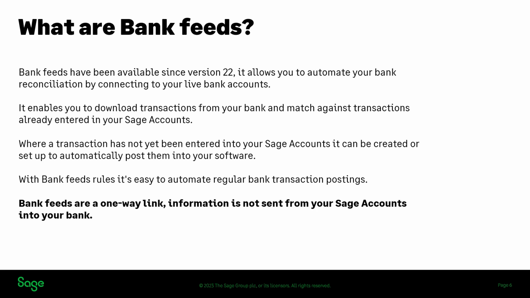It enables you to download transactions from your bank and match them against transactions already entered into your Sage accounts. Where a transaction has not yet been entered into your Sage accounts, it can be created or set up to automatically post into your software. And that's where bank feeds rules come into it. With bank feeds rules, it's easy to automate regular bank transaction postings.